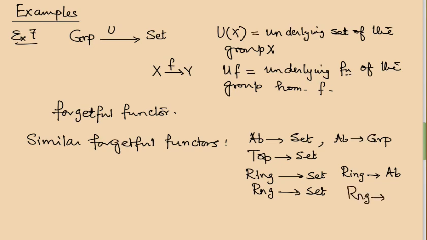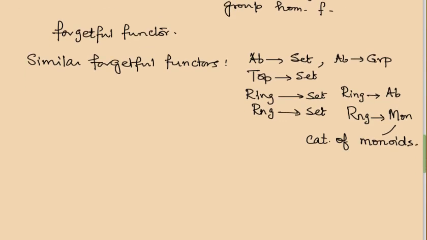We can forget, this is the category of monoids. Okay, we forget the addition and come to the category of monoids. So there are several forgetful functors. Sometimes we will see later on that we can have a nice functor from groups where we add structure. So given a group, we might abelianize it. Okay.